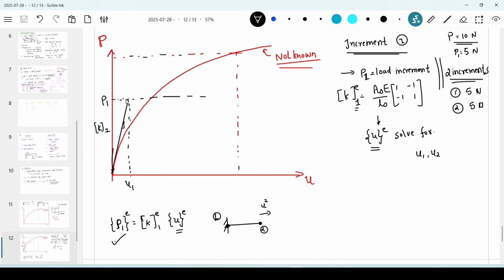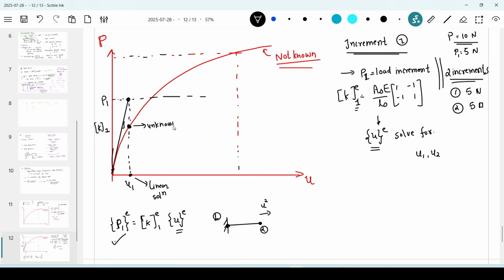The solution I have got here is actually the linear solution. But in the actual nonlinear analysis, the actual response is this one, which is unknown for now.